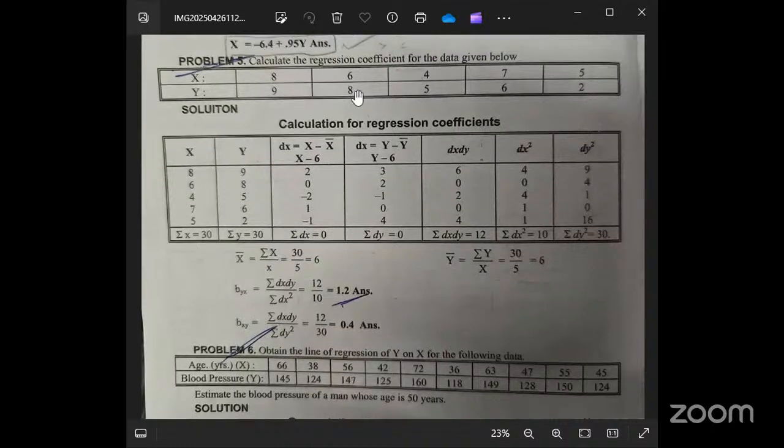Calculate the regression coefficient for the following data given below. X and y. X values 8, 6, 4, 7, 5, and see the y values.